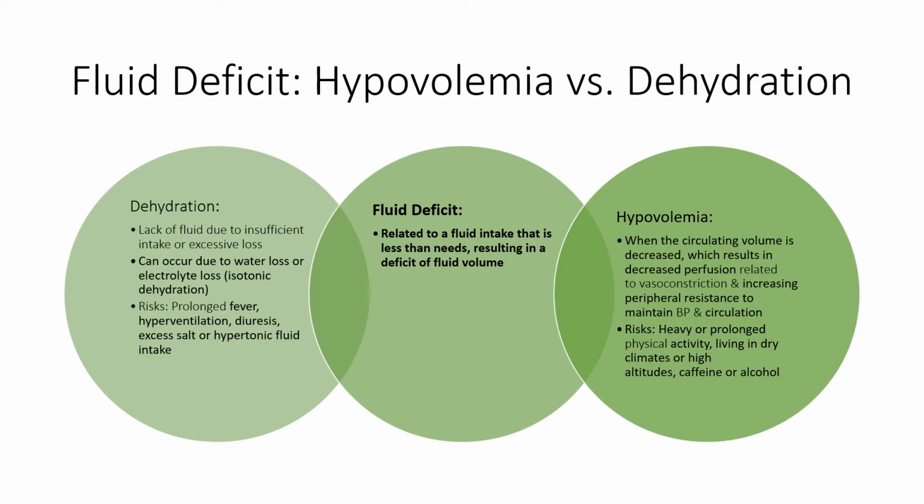Whereas hypovolemia can occur with heavy or prolonged physical activity, living in dry climates or high altitudes, and caffeine and alcohol can also contribute to hypovolemia. So the circulating volume has been decreased versus there is a lack of intake of fluid. So there can be different reasons for these, but both of these are considered a fluid deficit.